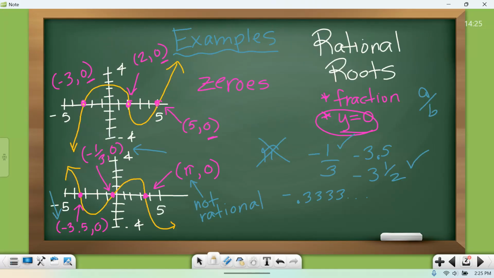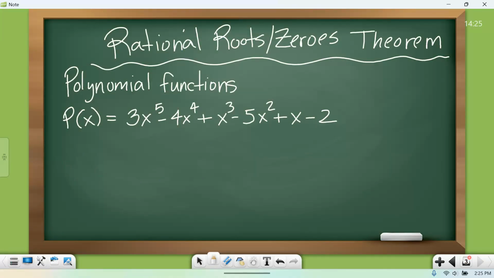Now remember, going back to this example here, we do have a root that's irrational, and we've got two that are actually rational. So when we do this theorem, we're only looking for the rational ones. So for the previous example, pi wouldn't show up. This is going to find all possible, and the key is all possible rational roots.